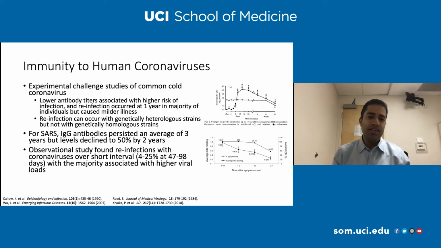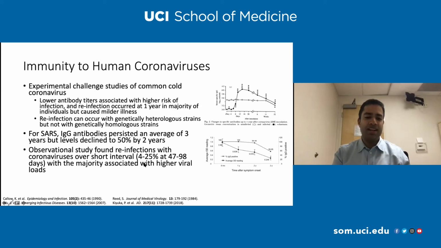And also, these antibodies for SARS-1 can persist an average of around 2 to 3 years. However, when people are studied over time, there are some patients who get reinfected over a short period of time.